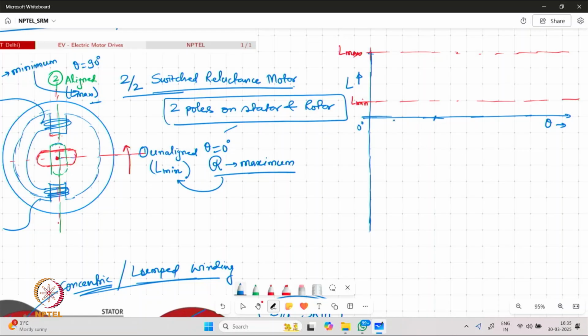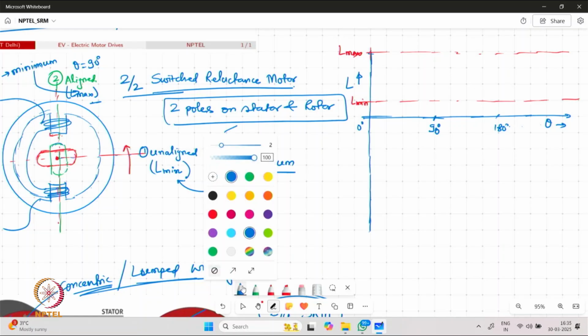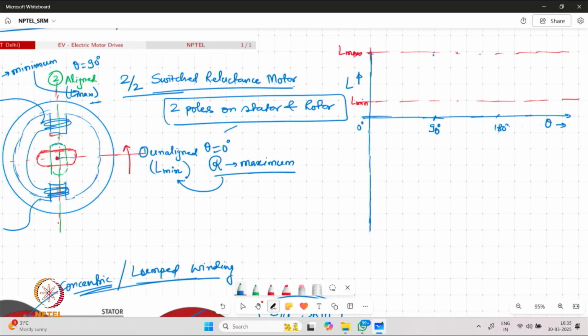So we can mark these different mechanical angle positions 0, 90 degree, 180 degree and so on. What we find is that with respect to these mechanical positions, the inductance is going to change from minimum to maximum and then maximum to minimum, and it will go on in a cycle.